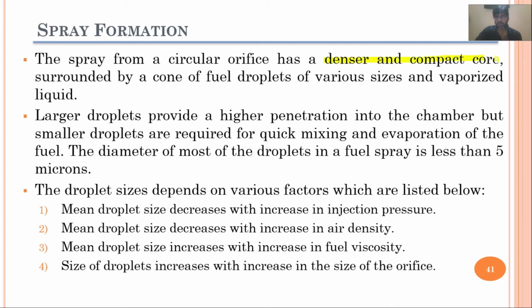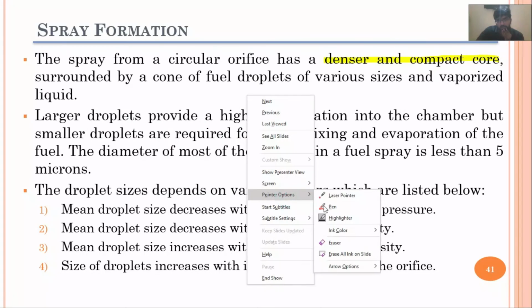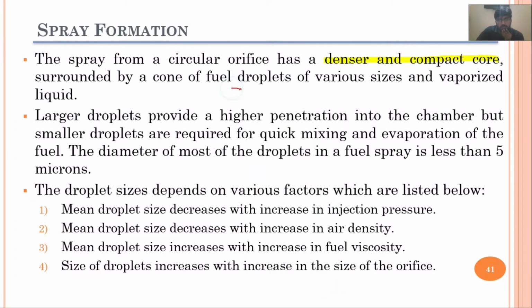Denser and compact core means that, for example, if this is the nozzle and we have a circular orifice and fuel is coming in, this is the spray, but in this central section we might have a stream of fuel, and here we might have some molecules of fuel, maybe in vaporized form or droplet form.